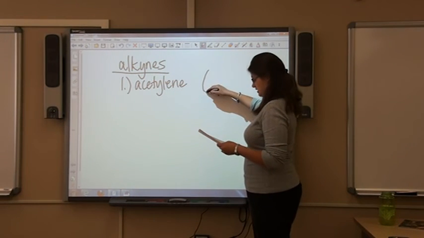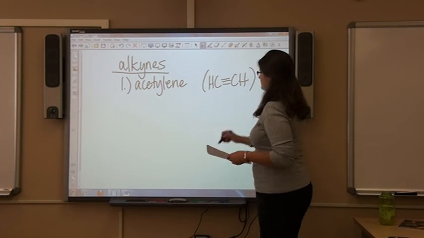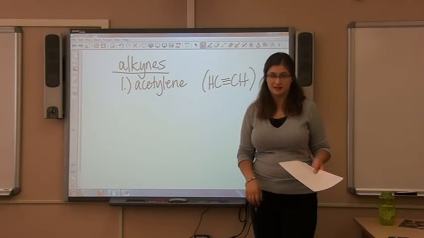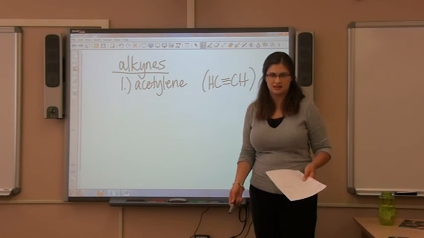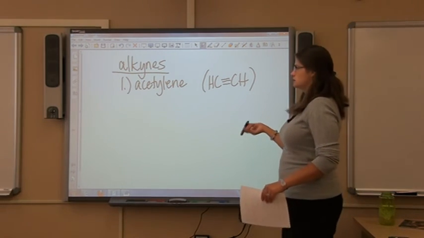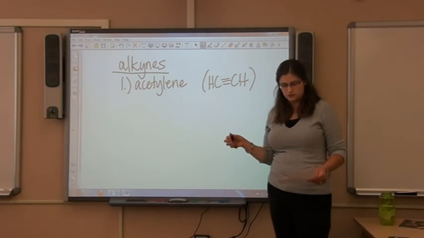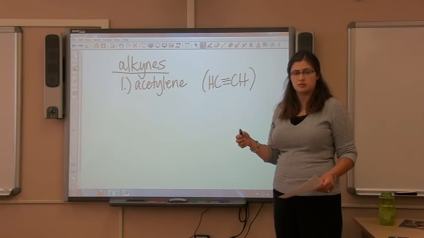Acetylene is its common name, not its systematic name. This is what we refer to it as in the common lexicon. This is what acetylene looks like, and acetylene is used most commonly as a fuel for welding torches. It has a carbon-carbon triple bond.